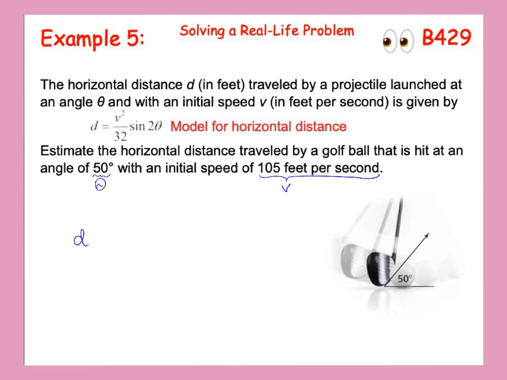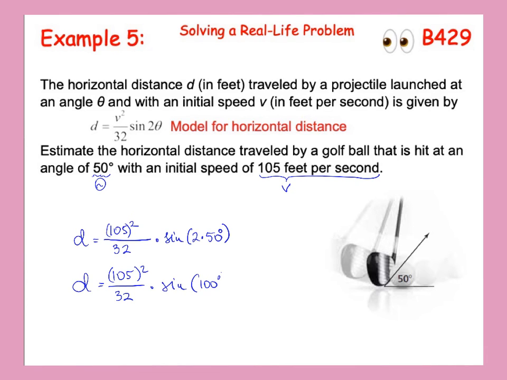So the horizontal distance will equal v, which is 105 squared, because we have to square it, divided by 32 multiplied by sine of 2 times 50 degrees. In other words, the distance is going to be 105 squared divided by 32 times sine 100 degrees.